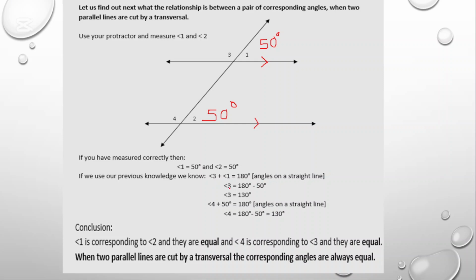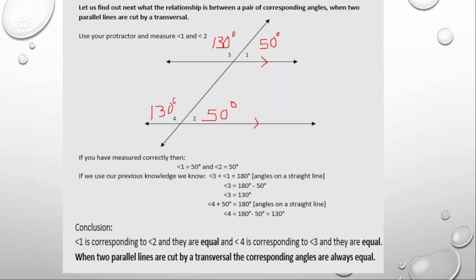So angle 3 is equal to 180 minus 50, which is 130 degrees. So I'll write it in there for you. 130 degrees. Right. The same with number 4. 2 plus 4 is equal to 180 degrees.